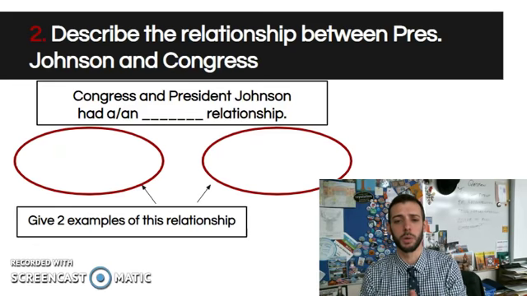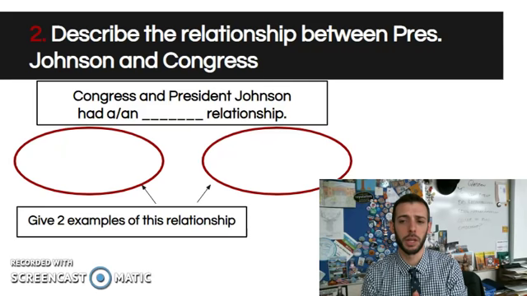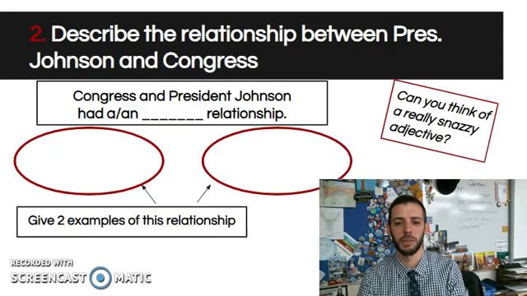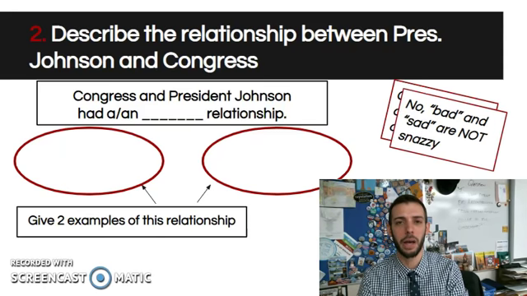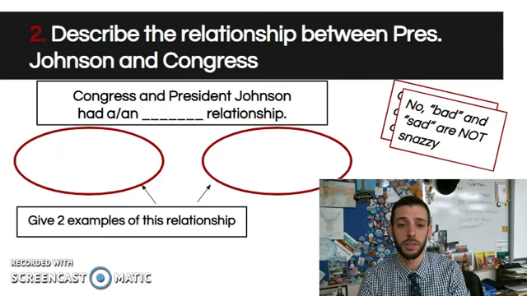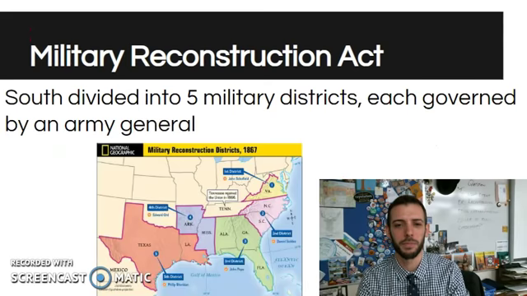So this one is now another question that was posed. Describe the relationship between President Johnson and Congress. You choose a word, maybe a snazzy adjective that would describe that relationship. And no, bad and sad are not snazzy. So choose a snazzy adjective to describe that relationship.